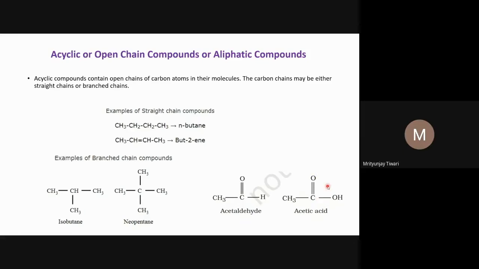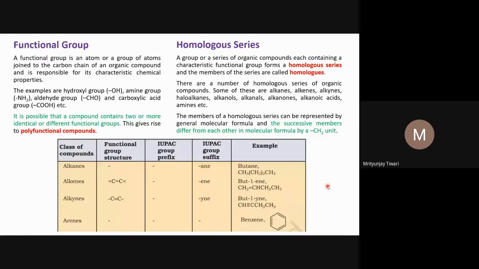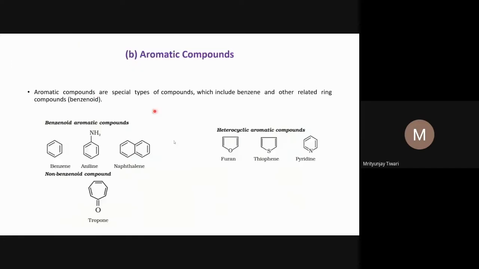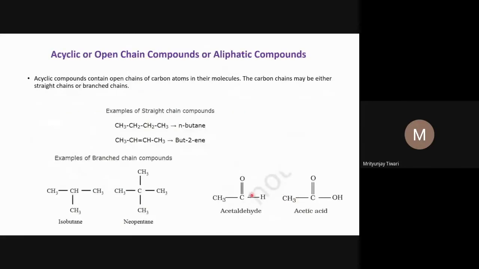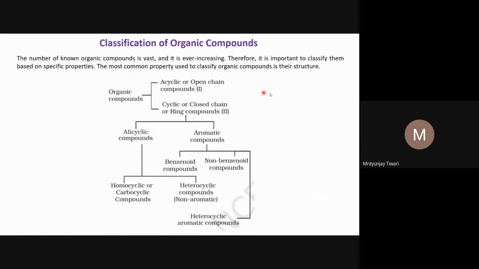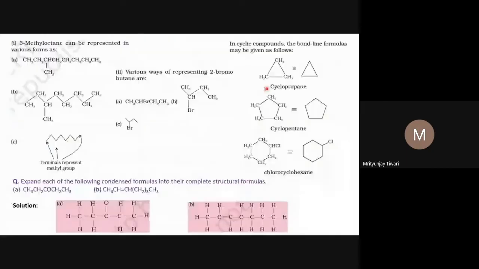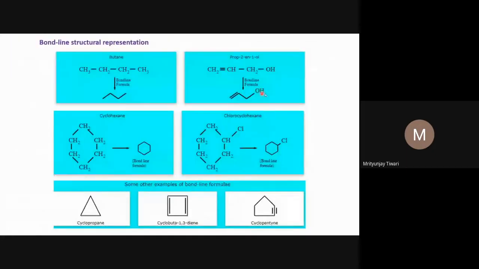So let's see what the functional group is and what its definition is. A functional group is an atom or a group of atoms joined to the carbon chain of an organic compound, and all these groups were joined to the carbon chain. Earlier we saw this OH group, which is also a functional group.